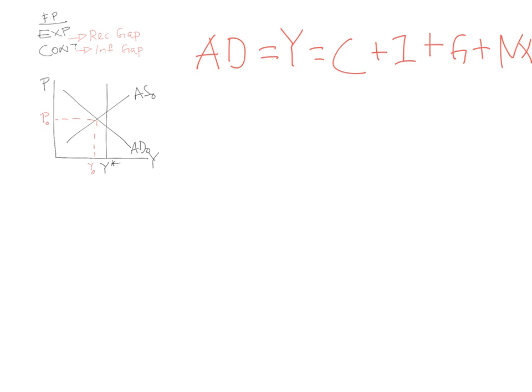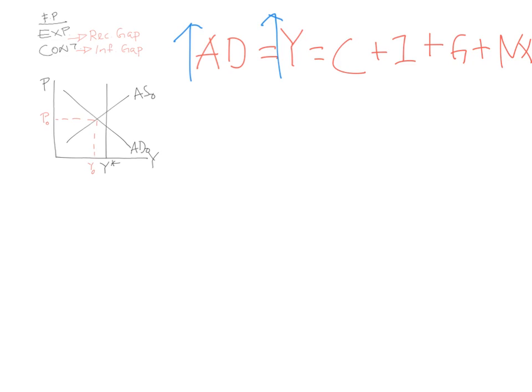So essentially the government wants to shift out aggregate demand, which will end up shifting out output. We're going to increase output and hopefully take us to Y star. In order to do that, it has to increase at least one of these, probably more than one, but we keep it simple.